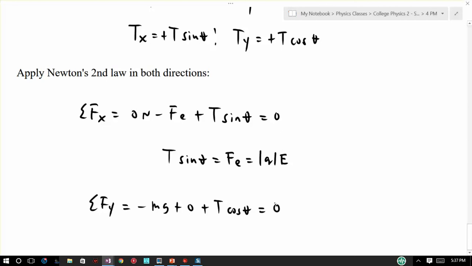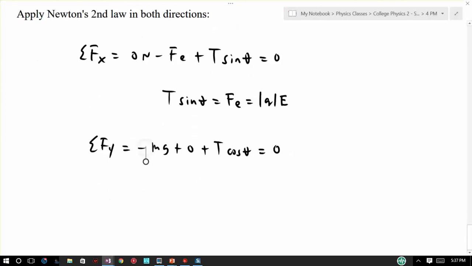It's equal to 0 too, because in both directions the acceleration is 0, right? In the x and y direction. So let's add mg to both sides because it's subtracted here, minus mg. So when I do that, I get T cosine theta is equal to mg.